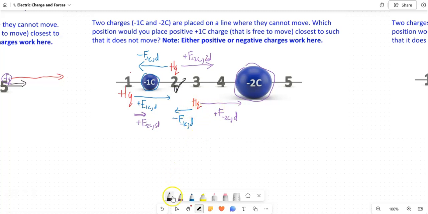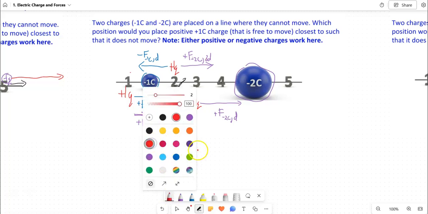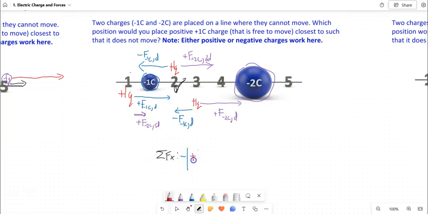But here's what I mean. What we're doing is little force diagrams. When we sum up these forces, for example, we would have a negative, and we're going to put our red positive Q, our positive 1Q, and the -1 Coulomb charge.